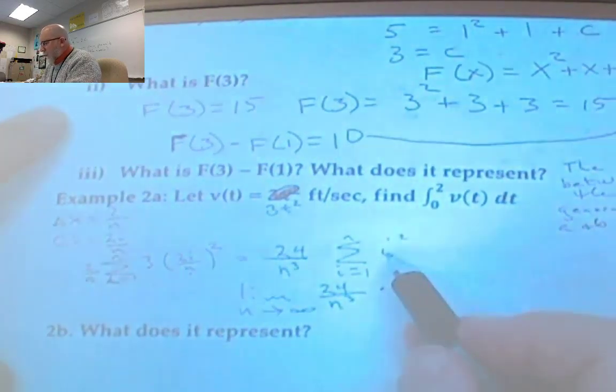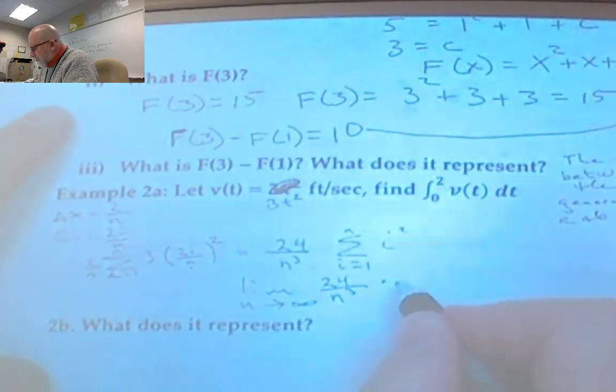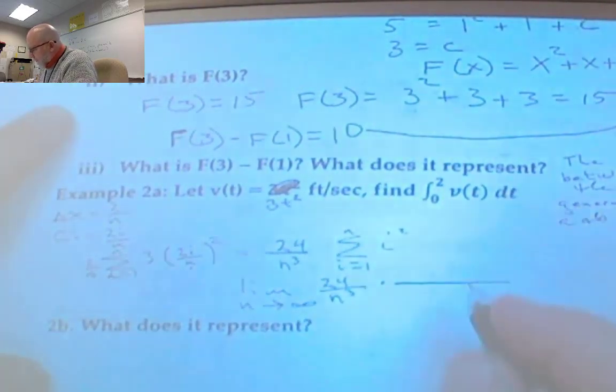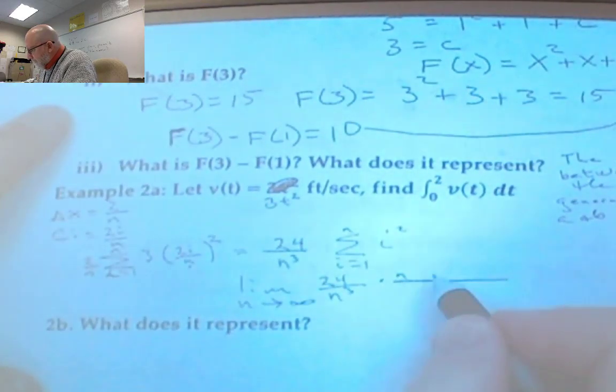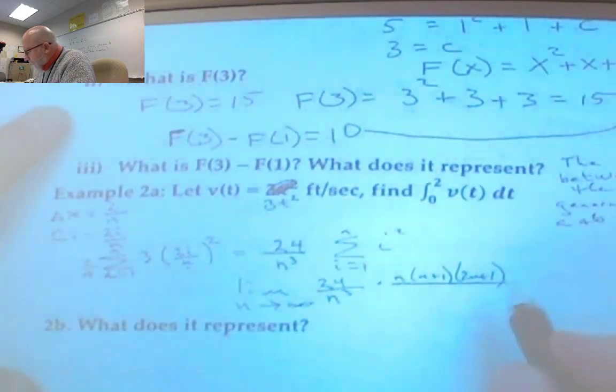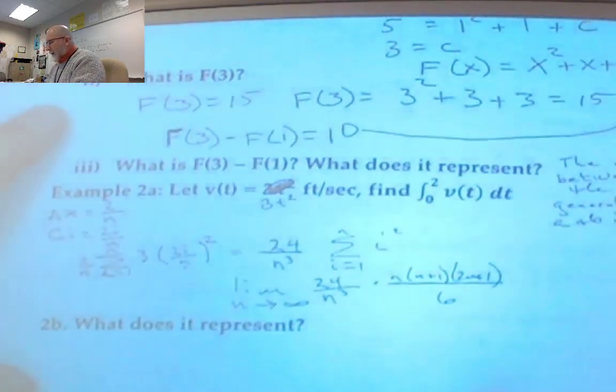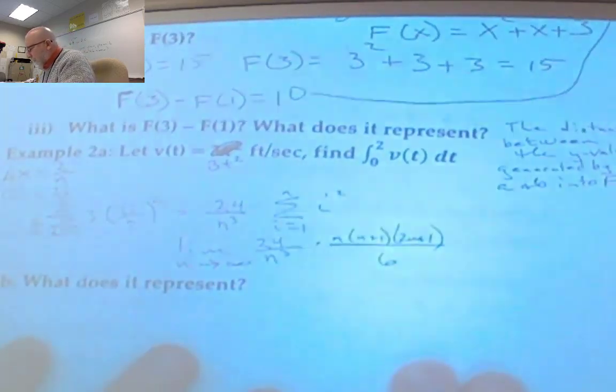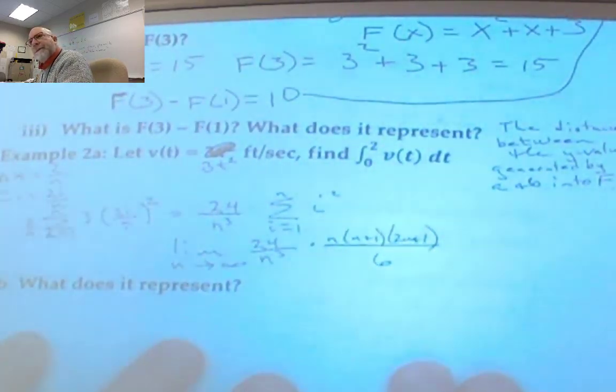times. Do you know the summation of i squared? You said over something, I didn't hear it. Over 6. Okay, are you able to do that in your head, or do you want me to do some simplification?